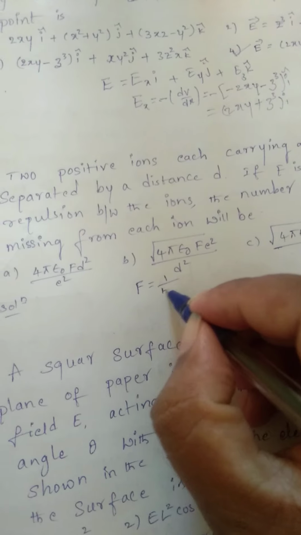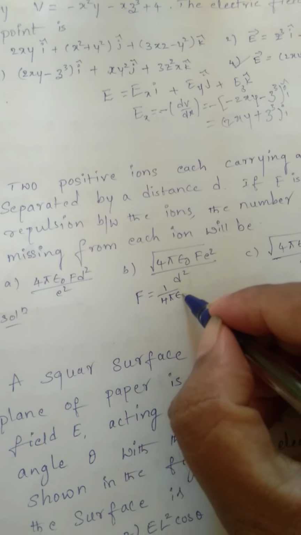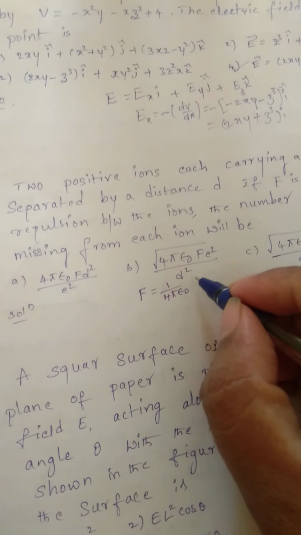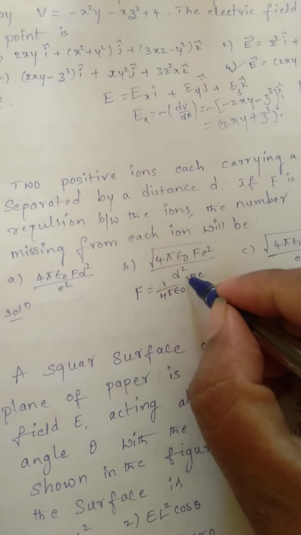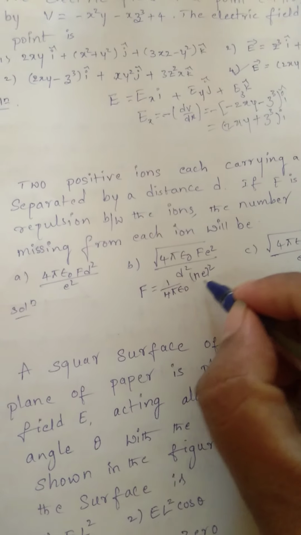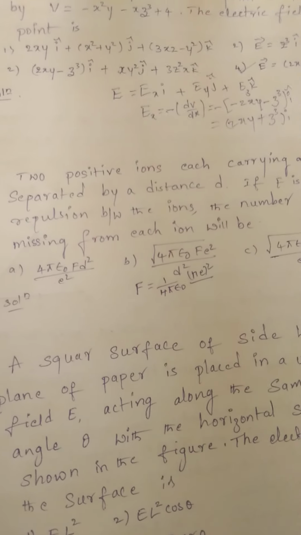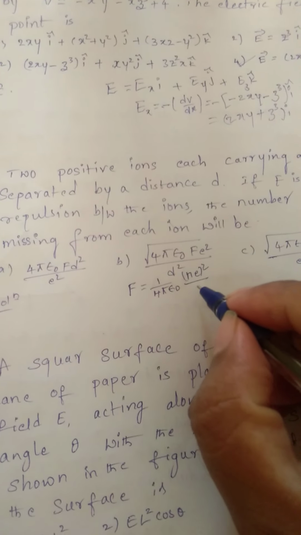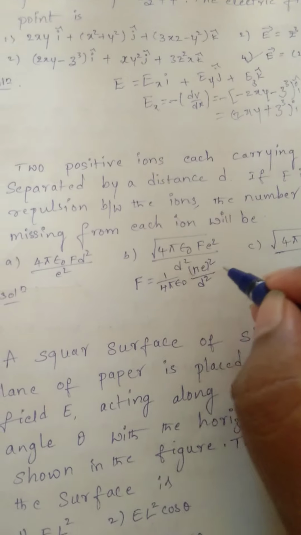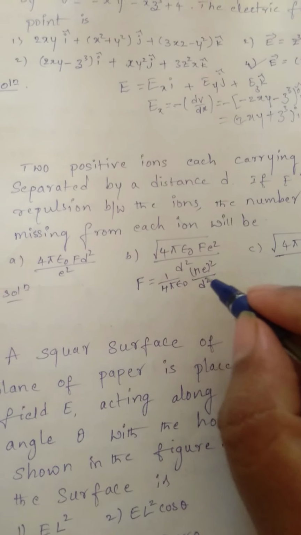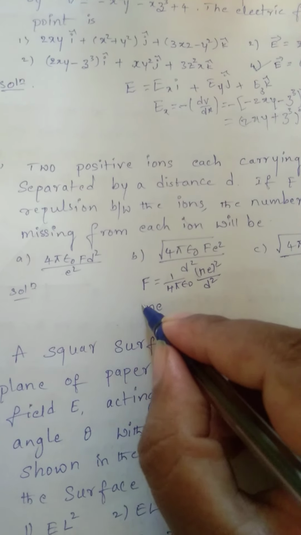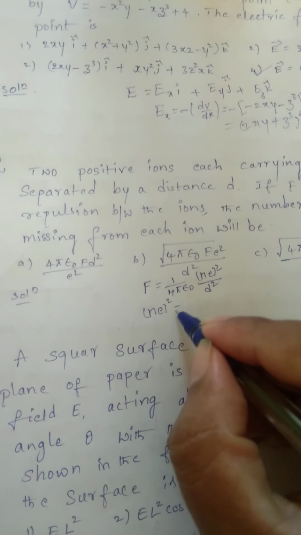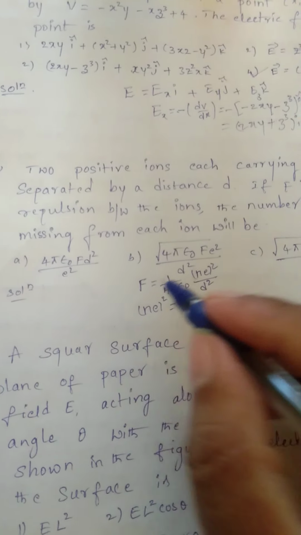So it's F equals 1 by 4 pi epsilon 0 and q square. Instead of q, I can directly write ne square, divided by d square. Then if you want to find n here, to simplify, I am bringing all the factors to the left hand side.